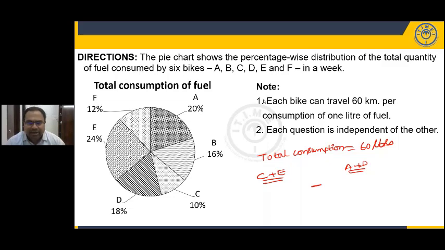Correct, Bharti. 60 liters equal to 100%, right? You're adding all these.